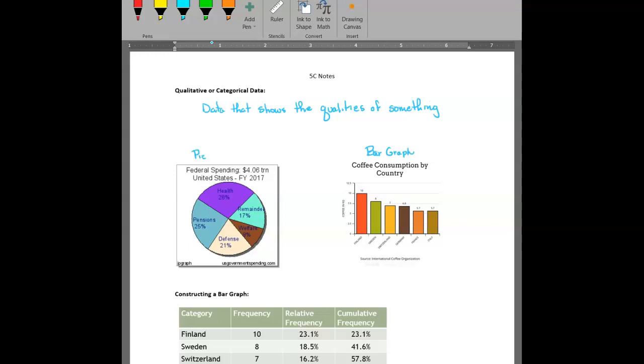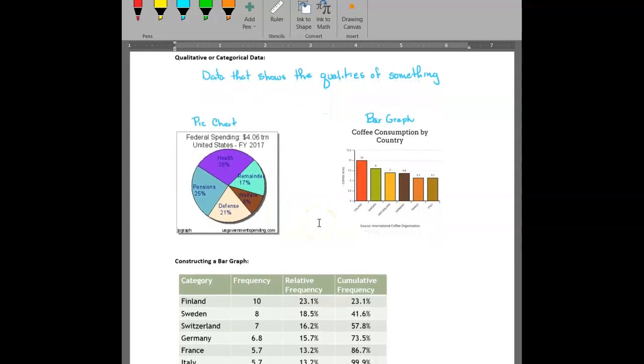And one thing to think about in terms of a pie chart is it's always out of 100%. So when we're talking about qualitative data, we always have all the data represented. So even though we're talking about the federal spending of $4.06 trillion, so that's a numerical amount, it seems like, oh, wait a minute, that would be quantitative because we're counting something, but we are looking at the categories by which that money is going.